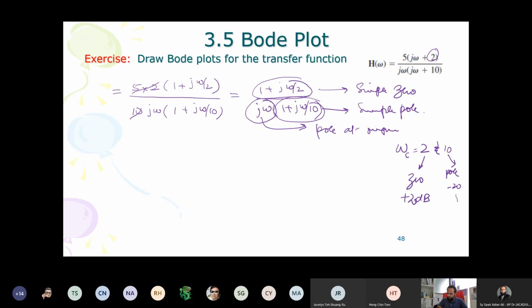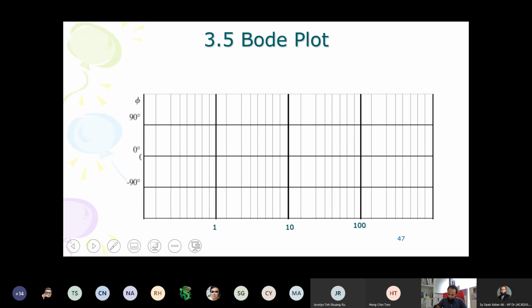All right, I have to copy the plot from there. Let me just copy this one. Duplicate slide. Okay. So let me go to the next slide. Oh, this is a phase plot. Sorry, it should have been a magnitude plot.